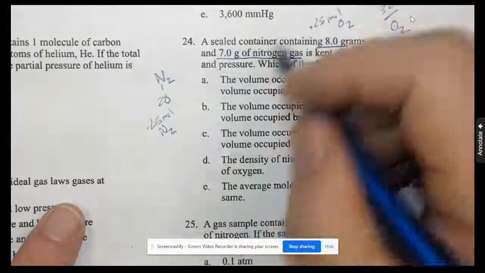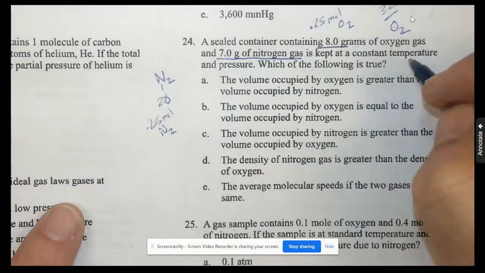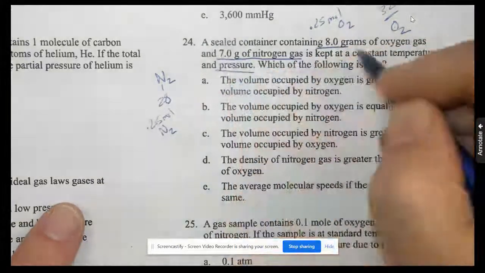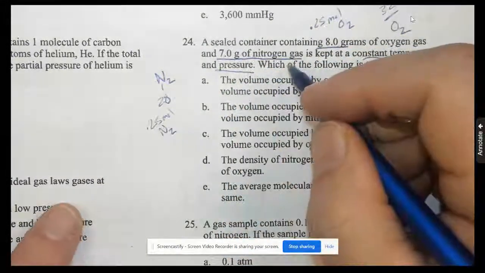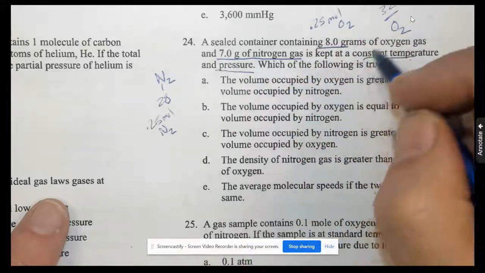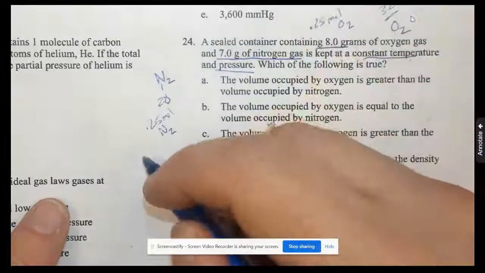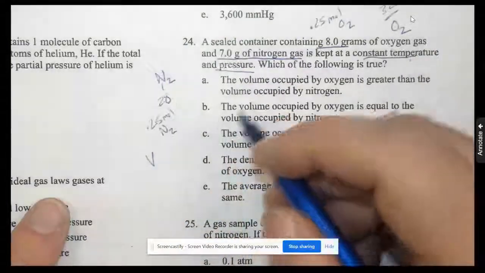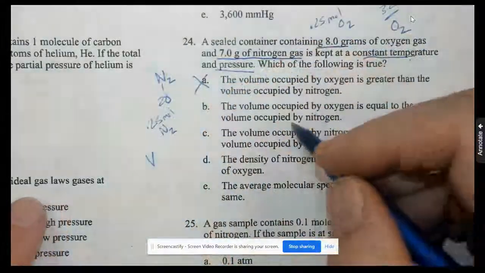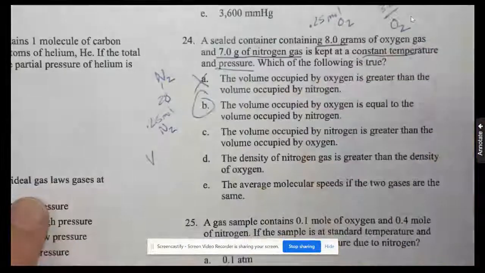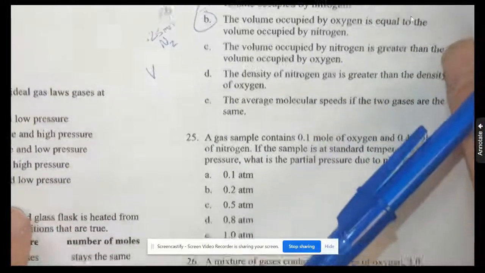If their moles are the same, the temperature is the same, and the pressure is the same, and it says that they are, then the volumes must be the same. So that's out, and that looks good. All right, the volumes would be equal.